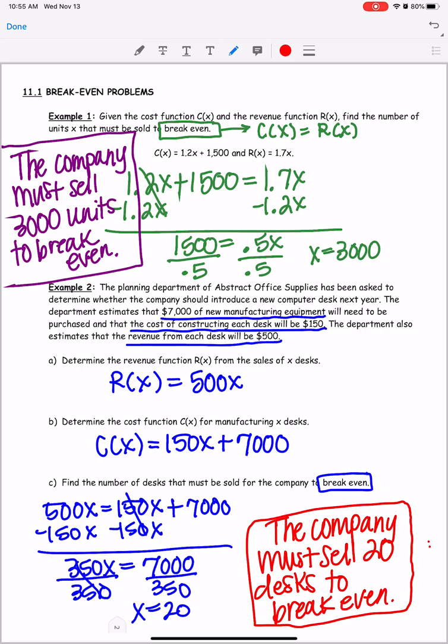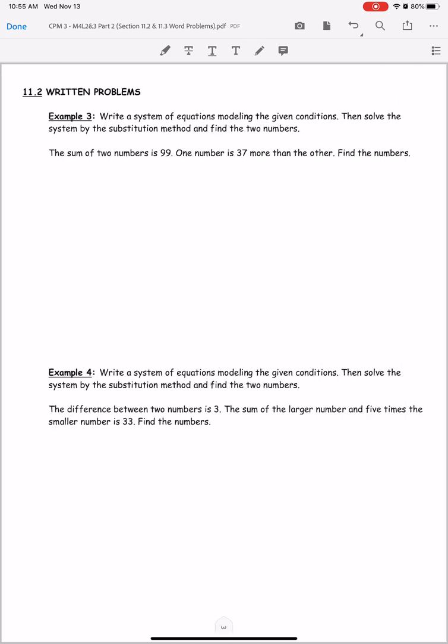All right. So those are your break-even problems. So let's turn the page. Now we have some written problems.